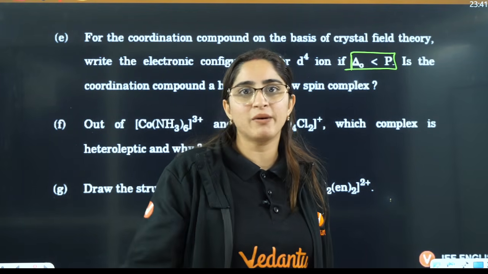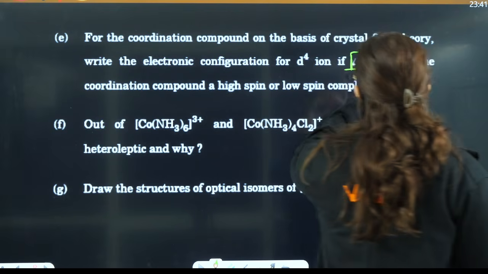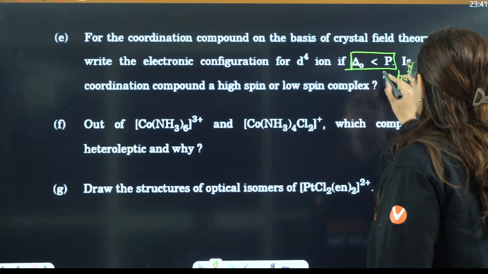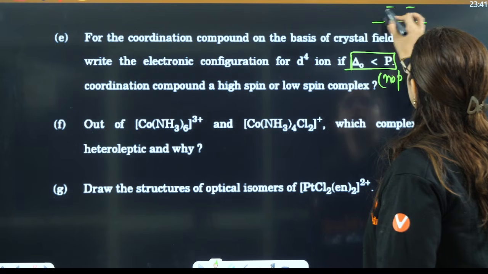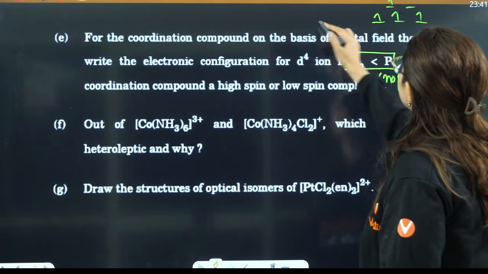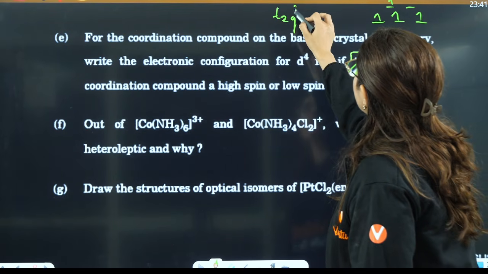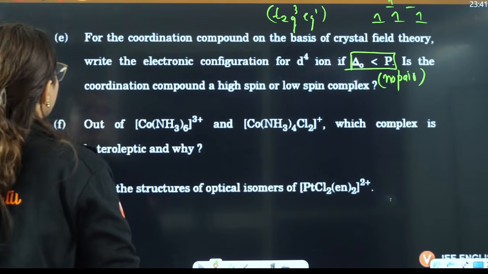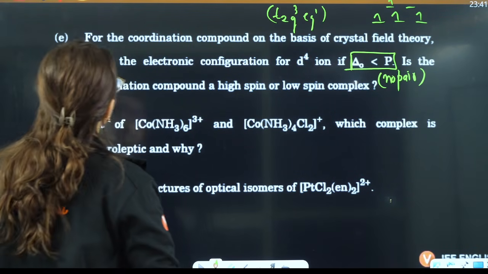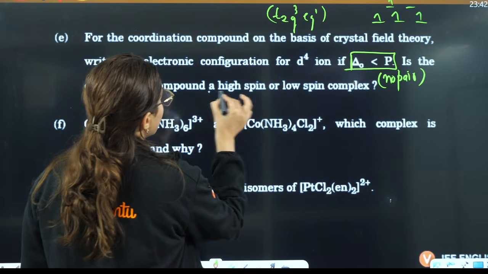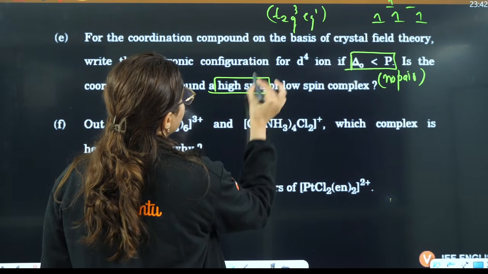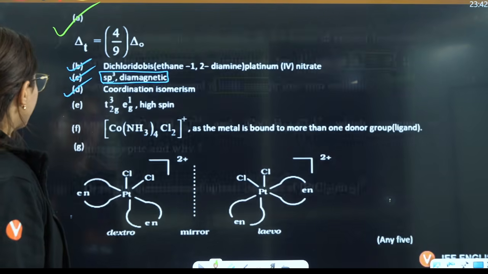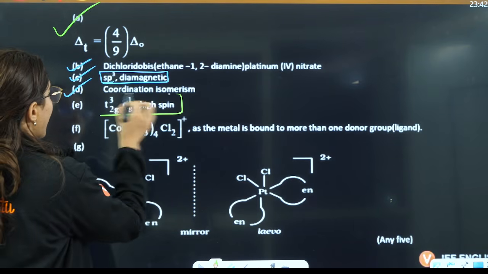You don't have that money. So pairing energy is more, that means no pairing will happen. So it will be 1, 2, 3, 1, 2, 1, 2, 3 and 4. That will be t2g3 and eg1. They are asking, is the coordination compound high spin or low spin? High spin, because the spins are unpaired, right? And that will be the electronic configuration, and it will be high spin, done.